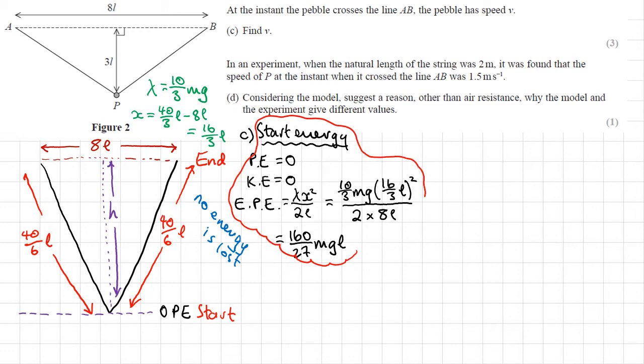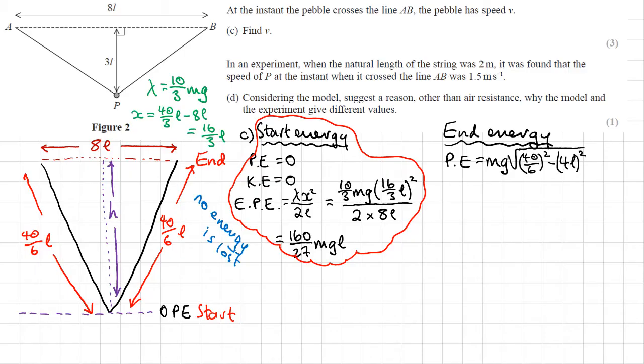Okay, no energy is lost, so that's going to be equal to our end energy. And what I mean by end energy is the amount of energy we have when the pebble, or what we're modeling as a particle, reaches this point here. Now the pebble's moved up, so now there is some potential energy going from 0 up to this point, and it's going to be mg and then times by this vertical height here.